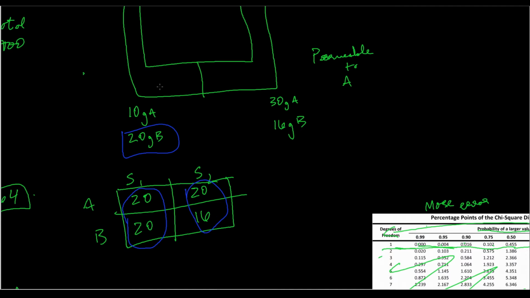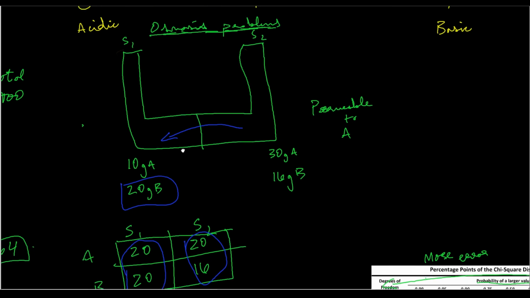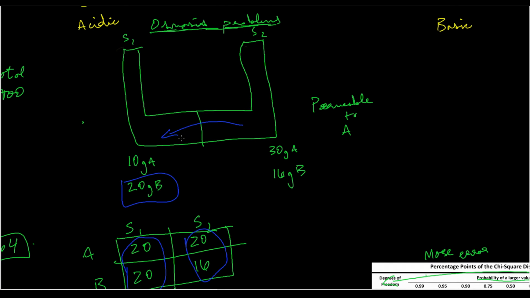The water will actually flow into this side of the membrane because there's a higher solute concentration. So the water level will be higher here and a little bit lower here, and that's how it's going to work. All right, cool.